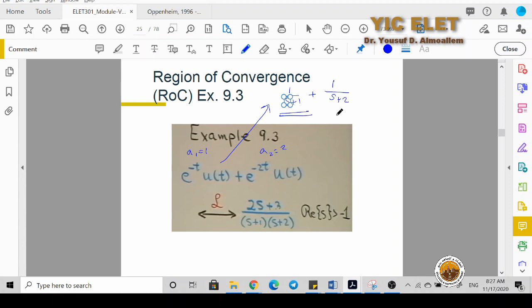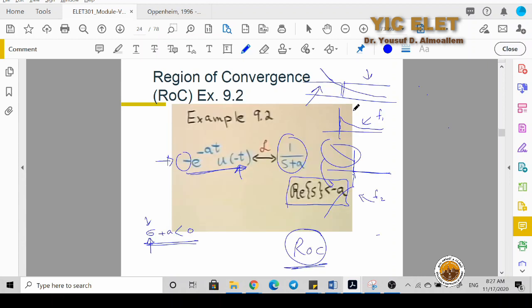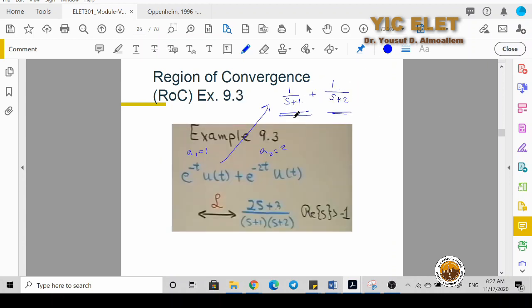So 1 over s plus 1 is the first one, and 1 over s plus 2 is the second one. Okay? So the Laplace transform of the first one is this, and the Laplace transform of the second one is this.